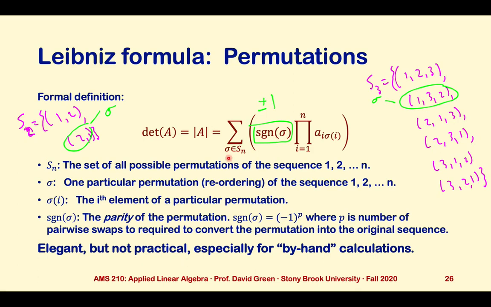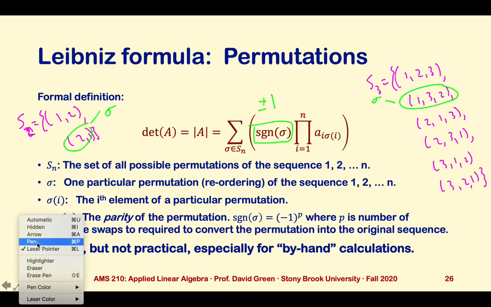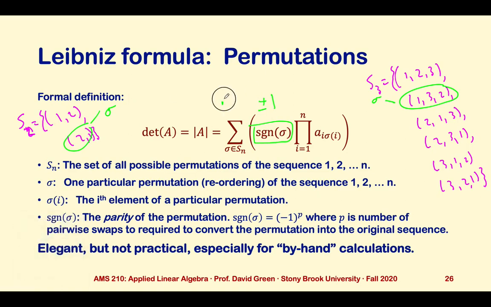The number of these elements is n factorial. Factorial is the product of all numbers equal and below this value. So 2 factorial is 2 times 1, which is 2 elements. 3 factorial is 3 times 2 times 1, 6 elements.